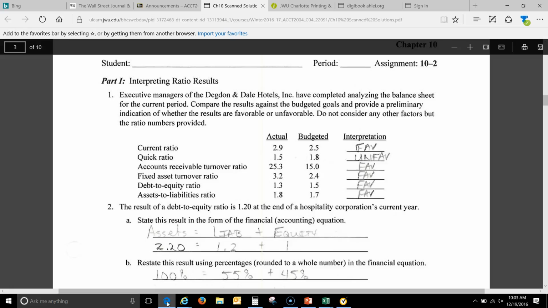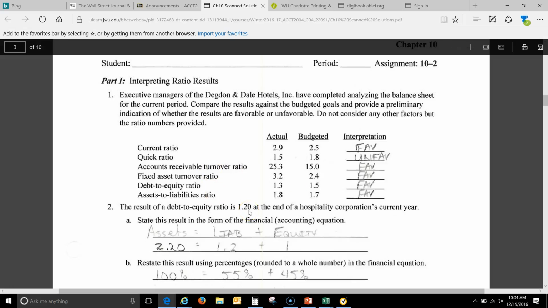What that tells us is we must have had some pretty good cash flow coming in, and we didn't have to incur the additional debt that we anticipated. So it's favorable. Again, you've got to be careful here. Make sure that you understand whether lower is better or higher is better.